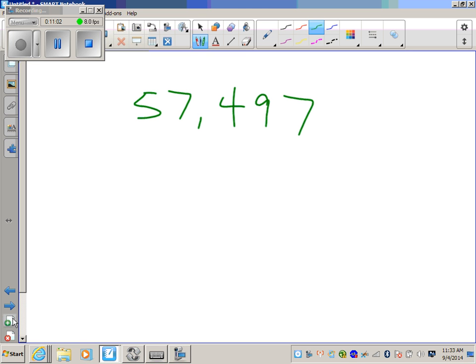$57,497, round to the nearest 10. Okay, so if I look at my underlined place, I look behind the 9, it's the 7. 7 is a 5 or bigger, so I have to round up. Now round up to 10, right? That's also going to make this another one, which is going to be the 500.